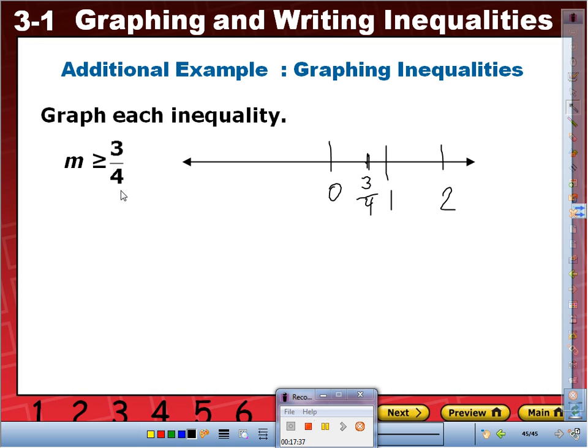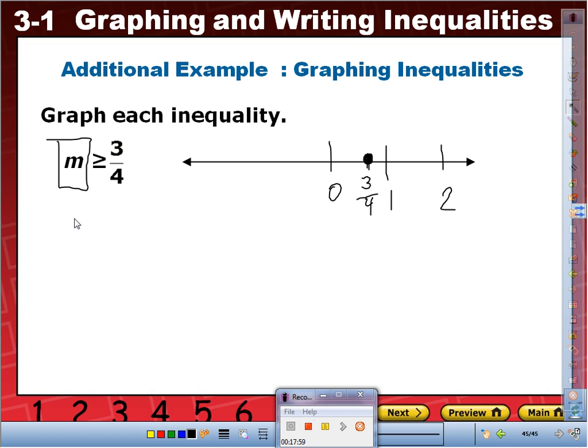Okay. Look at the symbol. Everybody look up. Look at the inequality symbol. Does it have the equal sign? Yes, that means it's going to be a solid point. A solid point. Why? Because it has a little bar underneath. Does everybody see it? So let's read this. This says m is greater than or equal to 3/4.